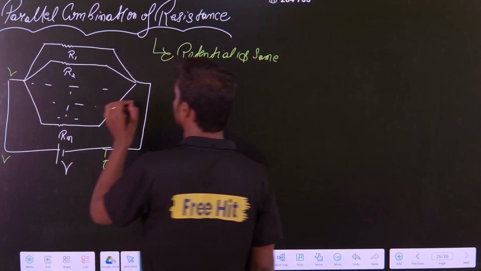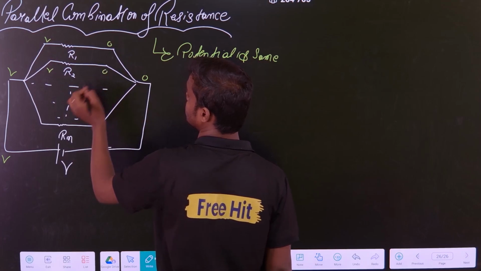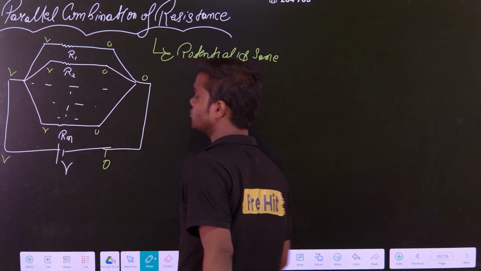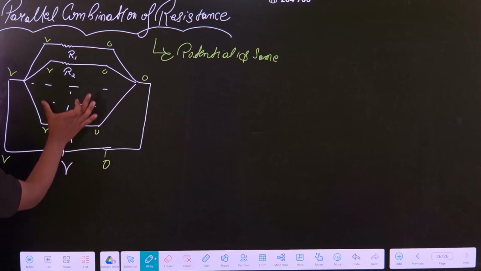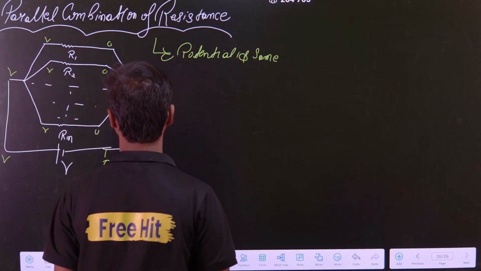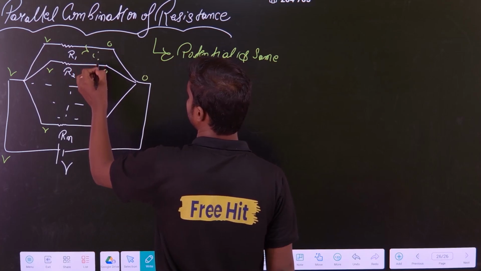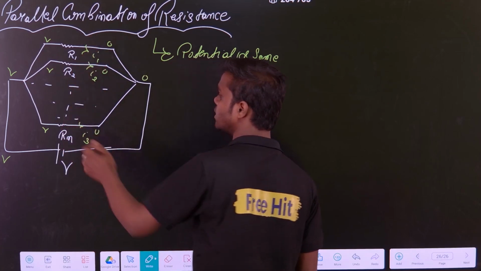This is also V, this is 0. If you see across all the resistances, the potential is V. It is same for all the resistances. But the current is I1 here, I2 here, I3 here. The current will be different.